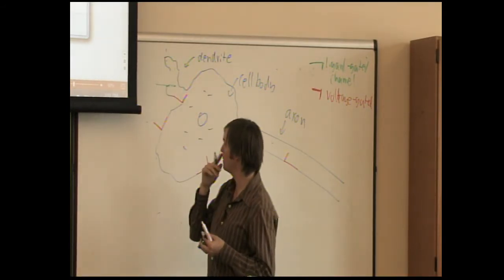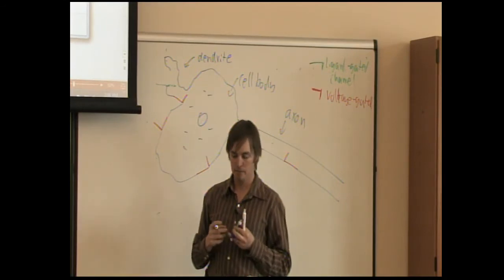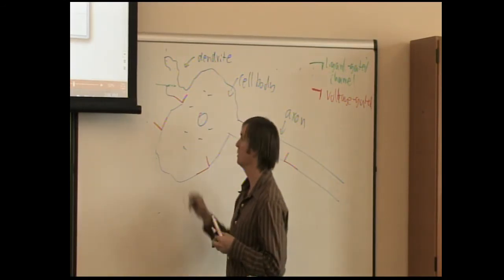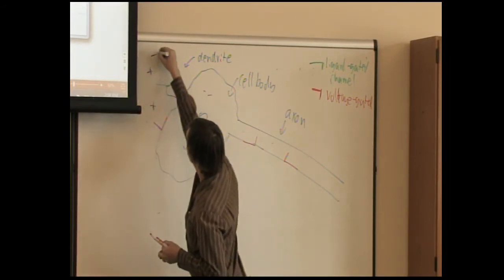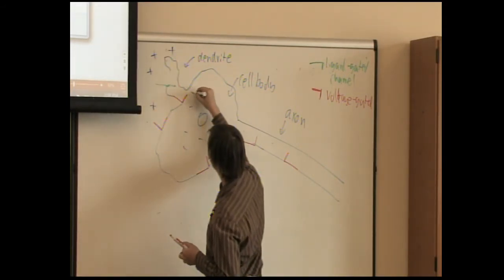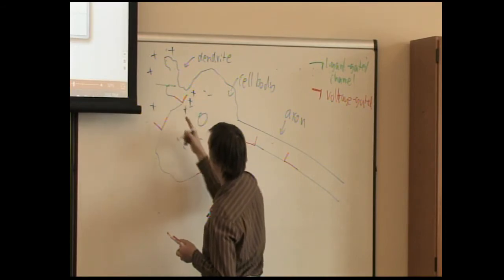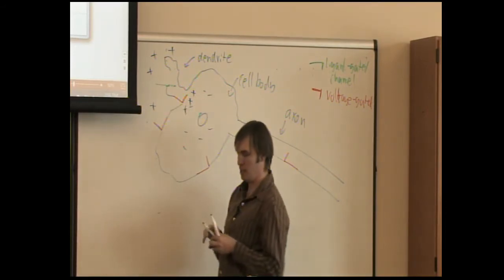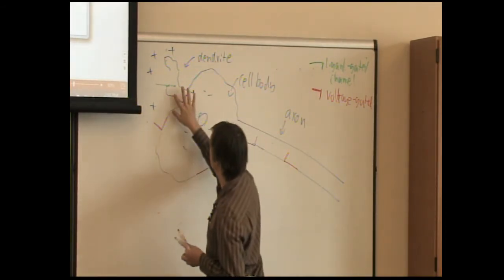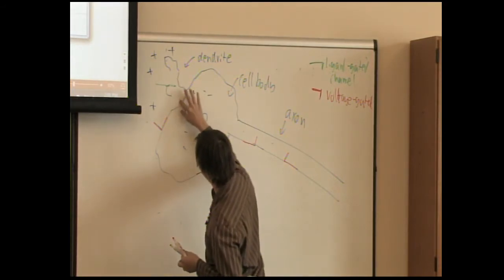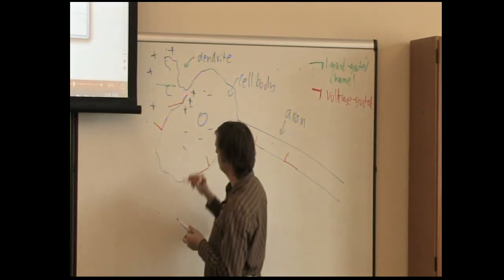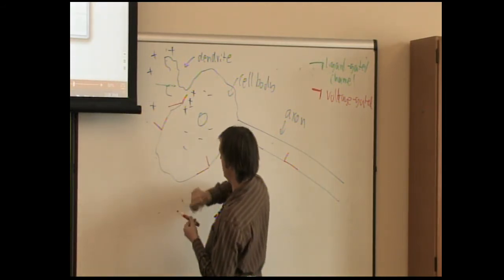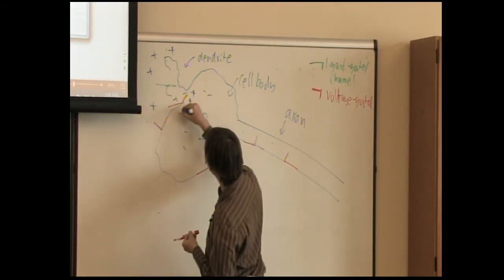And perhaps it's a sodium channel like most of them. So what's going to come in? All those positive sodium ions that are outside can come in. What does that do to the voltage-gated channel? It's going to change membrane potential and cause that one to open. So it's open, which is going to let more positive ions in.